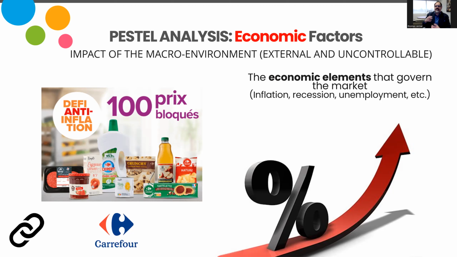That credit is now more tightened, which means that they have less credit, which means they can buy fewer products. And the products that they do buy on credit cost them more money. So all of these factors, for instance, inflation, recession, unemployment, and of course, customer confidence and interest rates, will affect purchasing power and people's willingness to purchase products. And therefore, it is a threat to most companies.